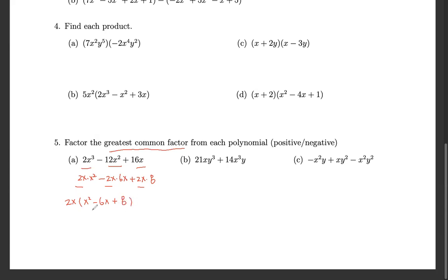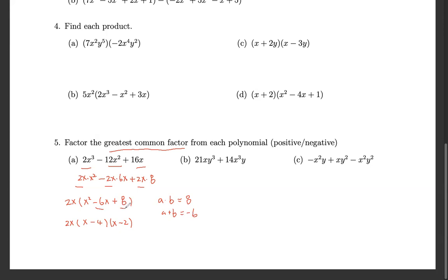Then this is a trinomial, and it can still be factored. It can factor to be negative 4 and negative 2. Right? So how do we factor this way? We think about two numbers, a times b equals 8, a plus b equals negative 6.